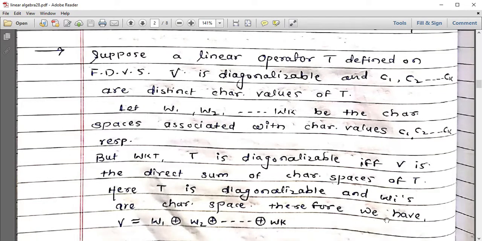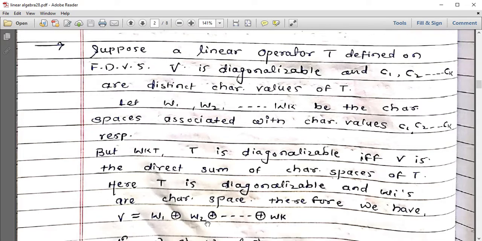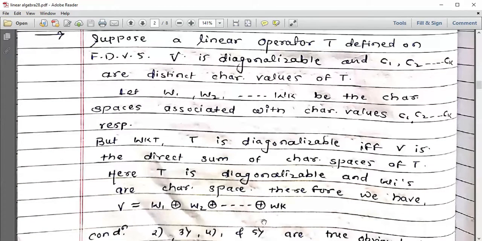Therefore, we have V is equal to W1 plus W2 plus up to Wk. We can write V as the direct sum of W1, W2 up to Wk.